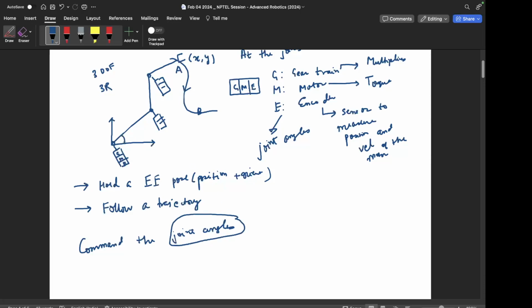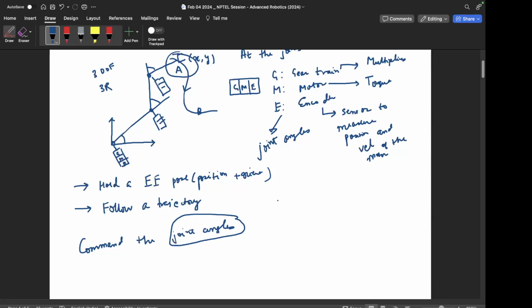What are the angles that each of these joints should be at in order to have the desired pose of the end effector, right? This requirement comes out naturally from the task that we have in mind, that we have to do using these manipulators, right?